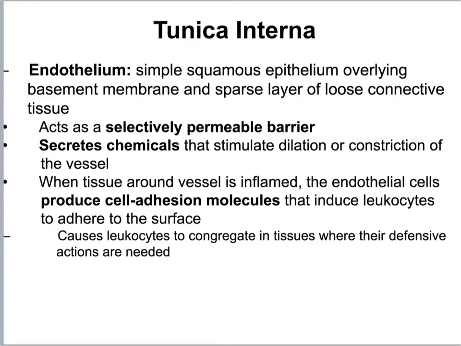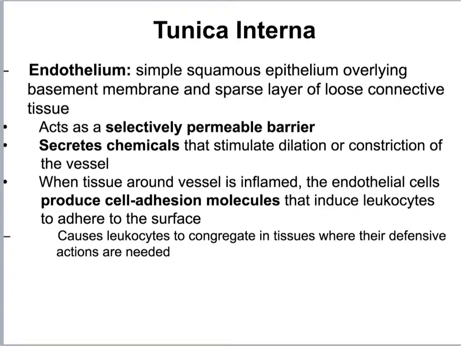Some blood vessels can auto-regulate themselves based on their dilation and constriction. They're also under the control of the sympathetic, parasympathetic, mostly sympathetic nervous system, but they can control themselves based on local conditions as well.